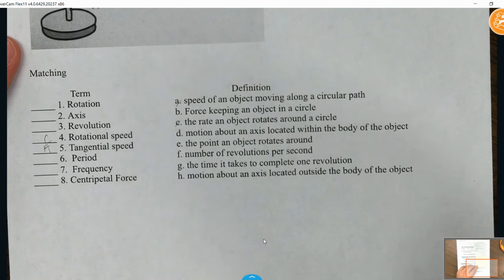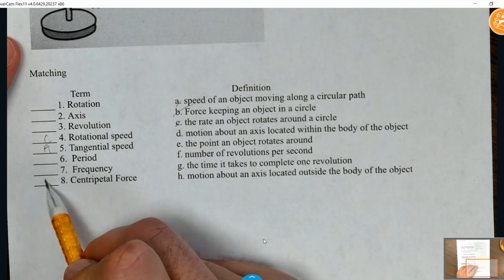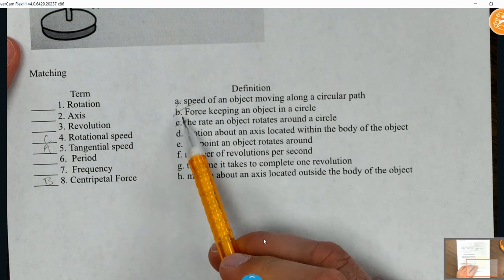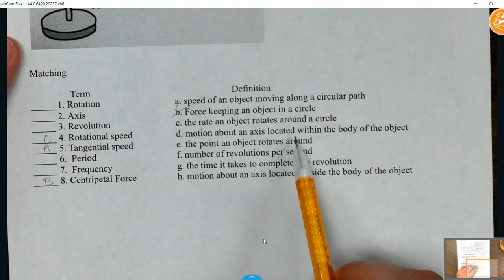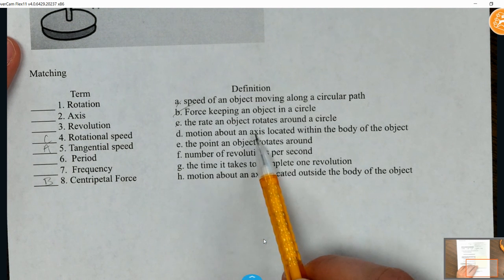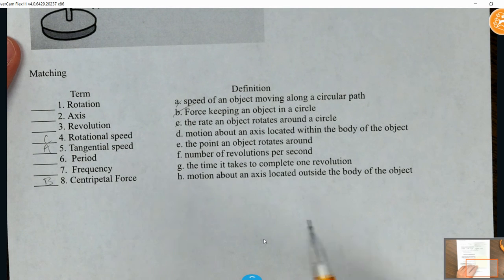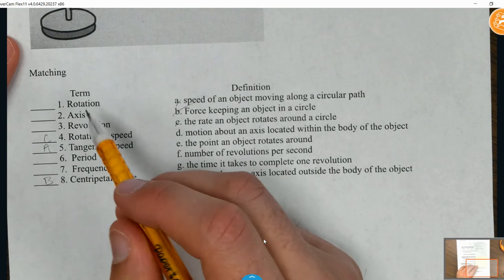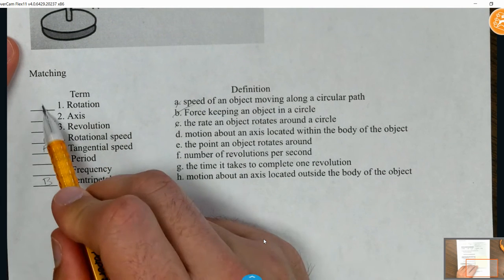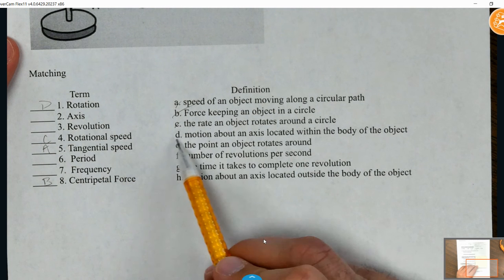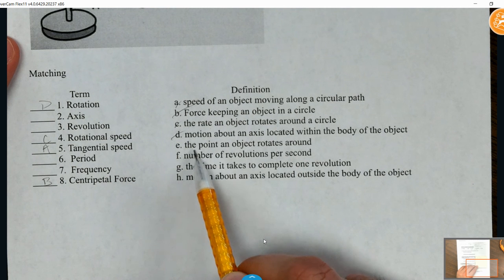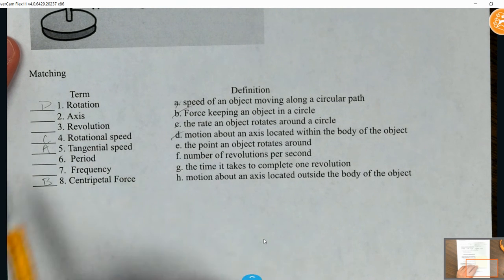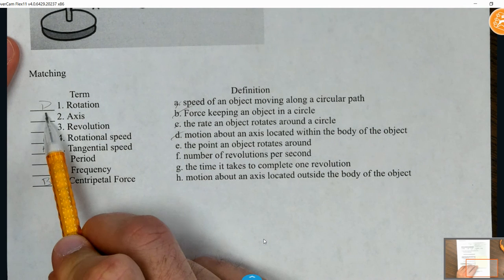So we got these two. Force keeping something moving in a circle, that's centripetal force. Motion around an axis that's located within the body, if you go back to the notes, is your rotation. So that would be letter D. The point at which an object rotates around, that would be your axis.